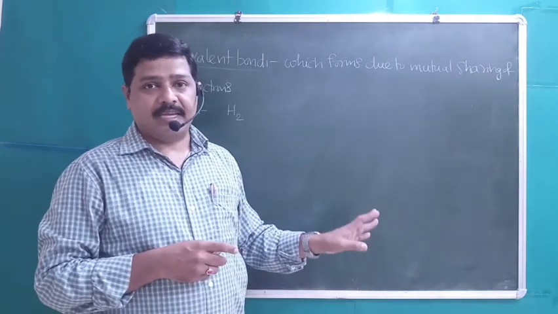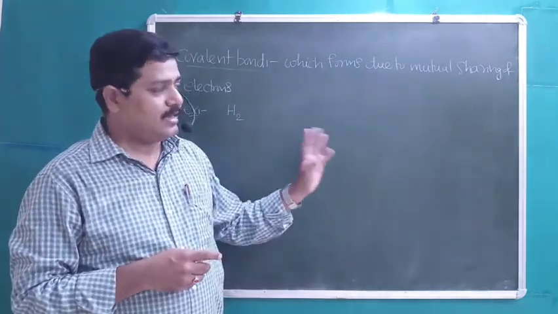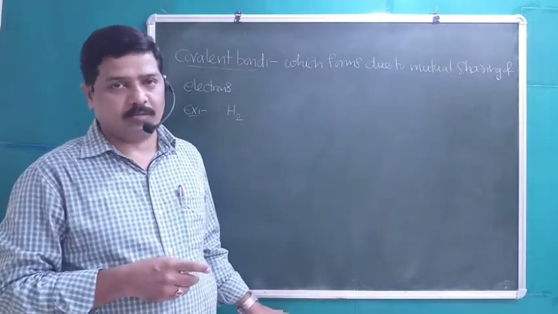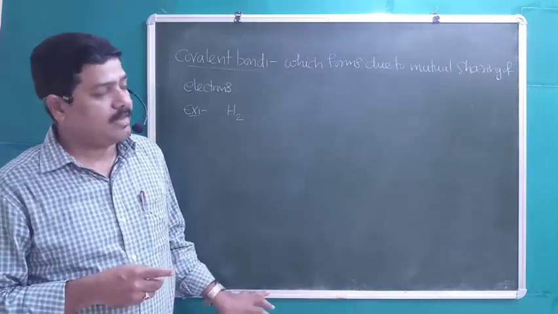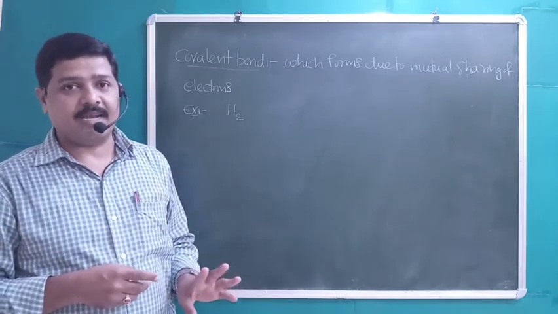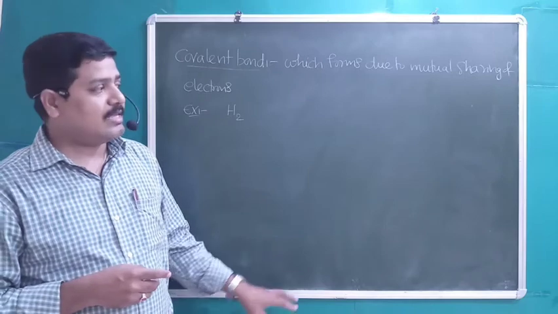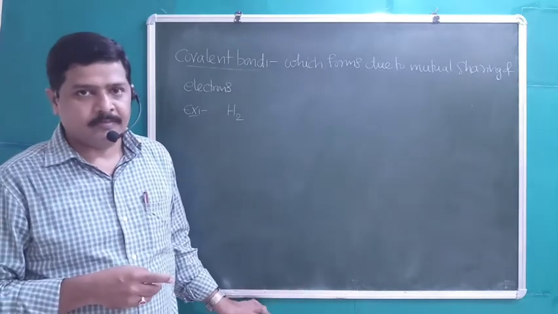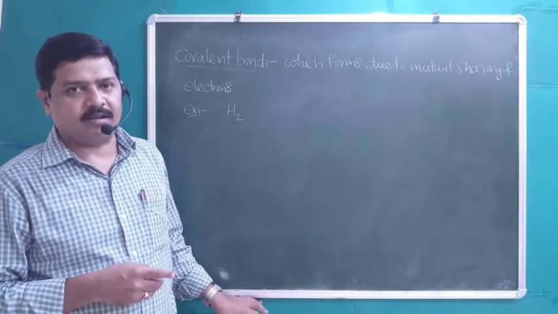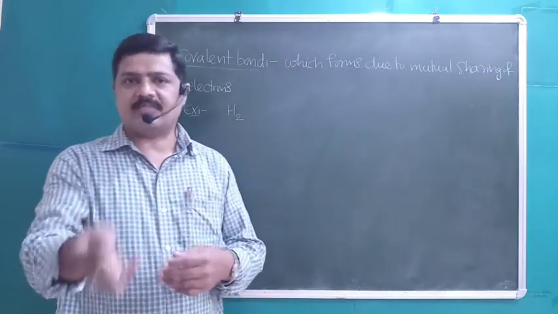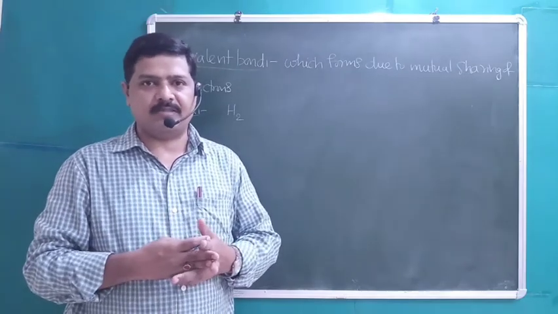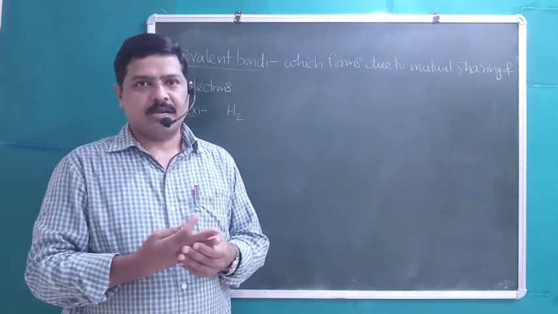Except helium, all these atoms have 8 electrons in the outermost shell, whereas helium has 2 electrons in the outermost shell, but it is also chemically inert, right? Other than the 18th group elements, the remaining elements will try to achieve 8 electrons by losing, gaining or sharing electrons with other atoms, right?